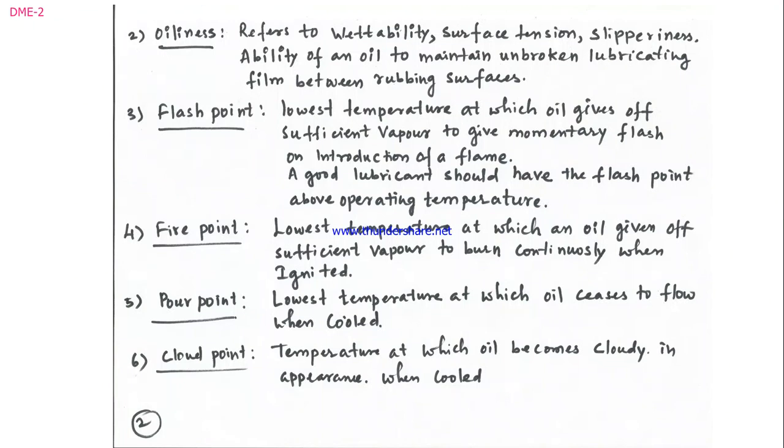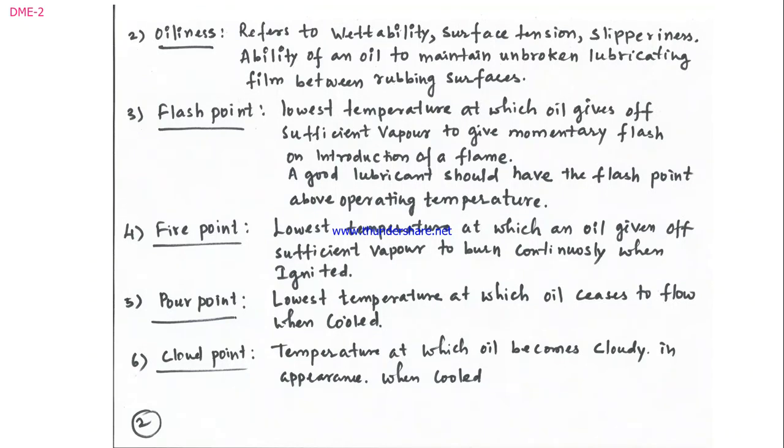When that vapor is formed, a little bit of spark or ignition should give a flame. That temperature at which the oil gives sufficient vapor that a spark forms a flame is called the flash point.